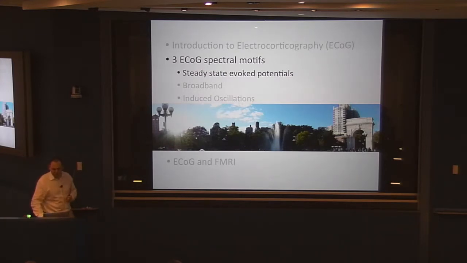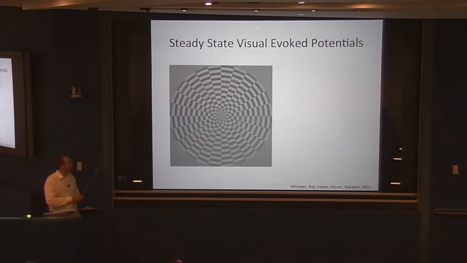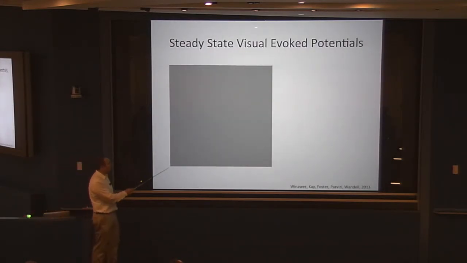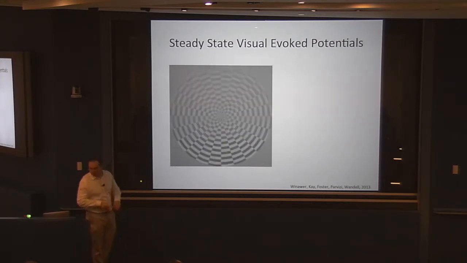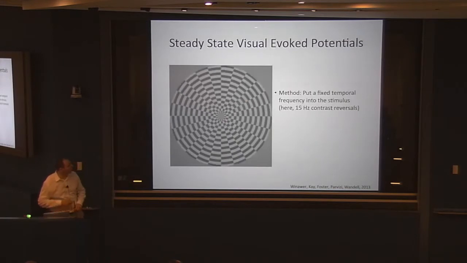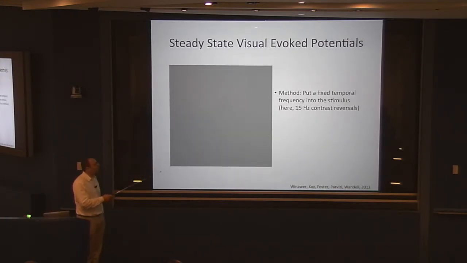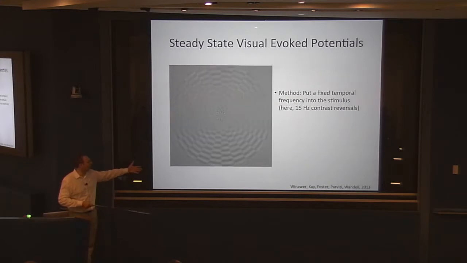This is a case where the frequencies in the signal are largely determined by the experimenter because they put the frequencies into the stimulus. So what I've got here is a stimulus that we have shown to a number of our patients, which flickers at a particular frequency. In this case, it reverses contrast 15 times a second, and it would go on for many seconds, and then it would be gray. I sped it up.